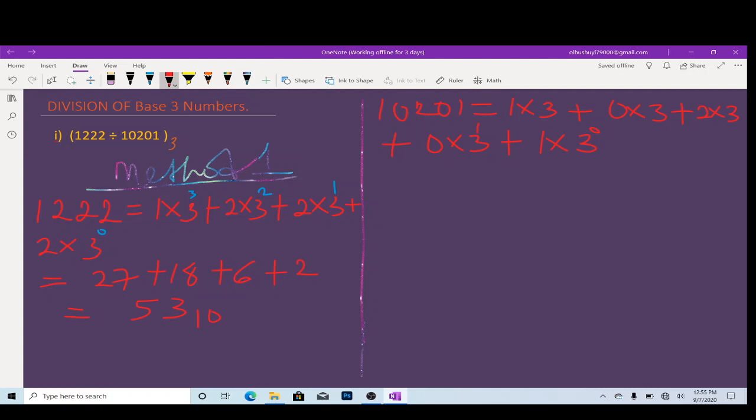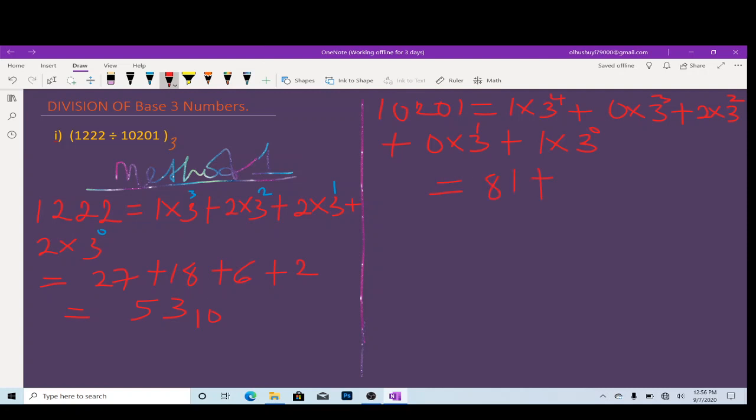Power 0, 1, 2, 3, 4. So 1 times 3 raised to power 4: 3 times 3 is 9, times 3 is 27, times 3 is 81. So we have 81.